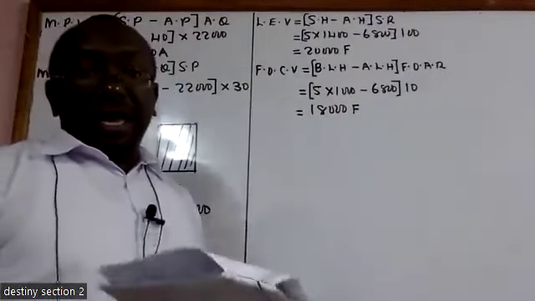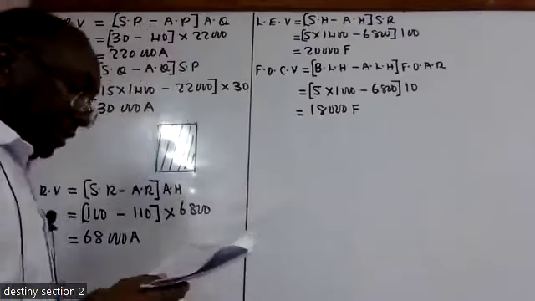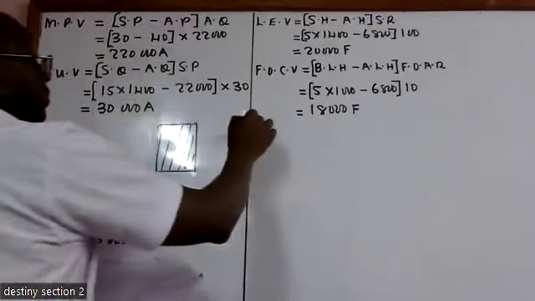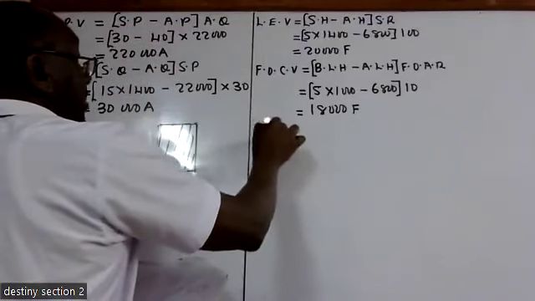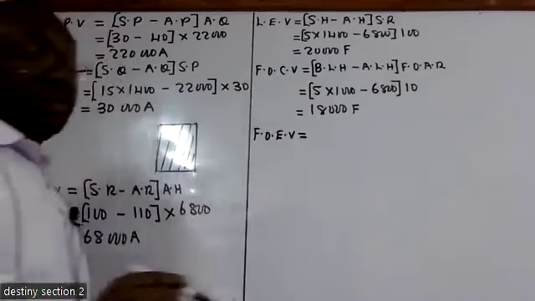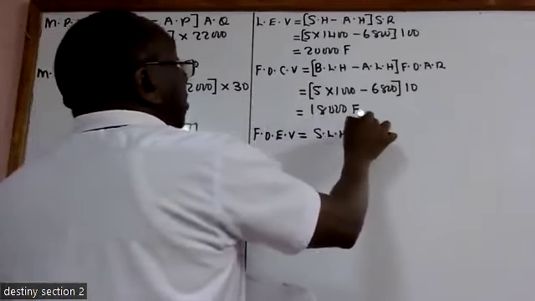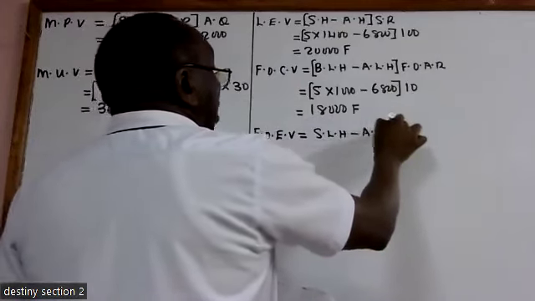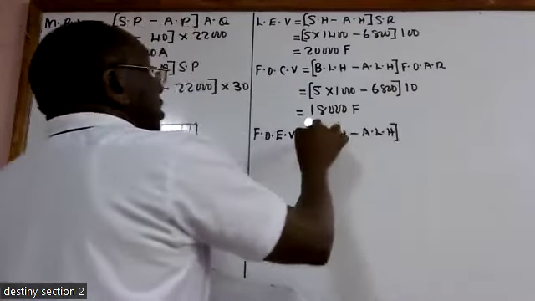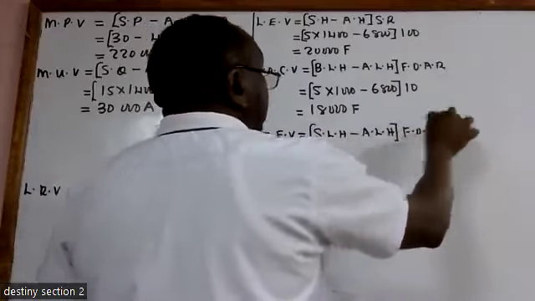Let me compute for the efficiency. Fixed overheads efficiency variance is the standard labor hours minus actual labor hours, multiplied by the fixed overhead absorption rate.